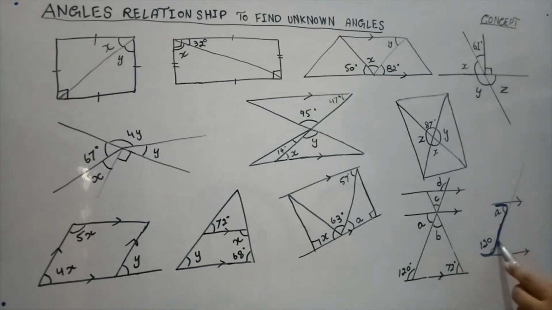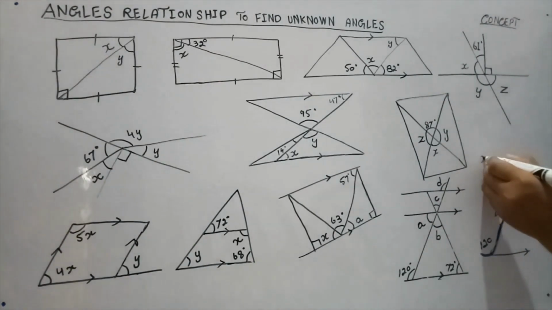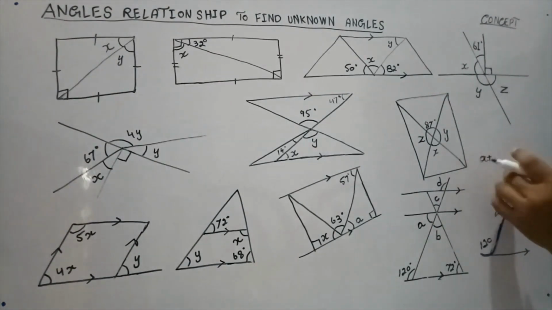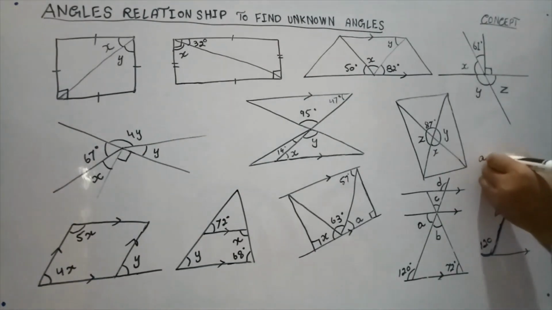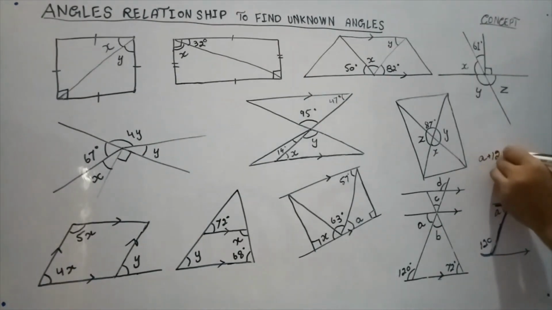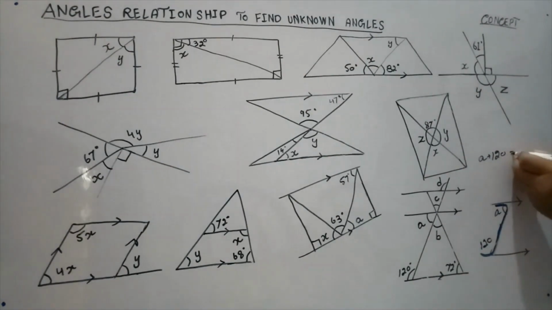This co-interior angle theorem says that if we take the sum of these two angles, it will be equal to 180 degrees. It means that if I take the sum, A plus 120 degrees will be equal to 180 degrees.